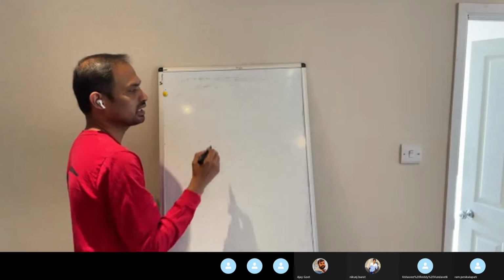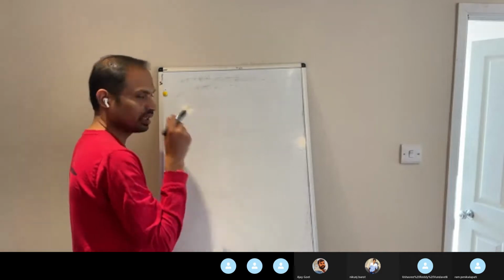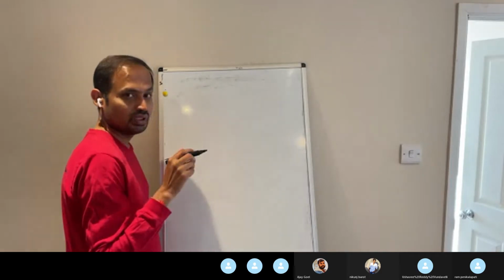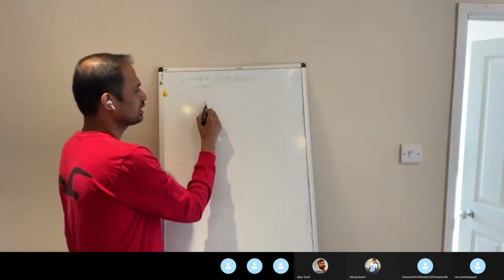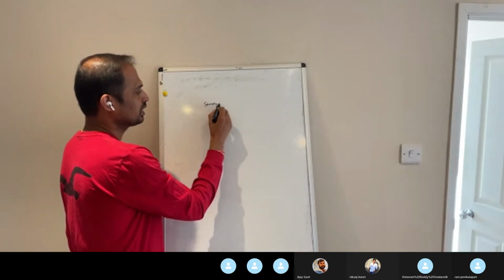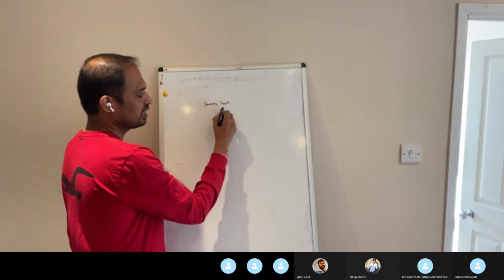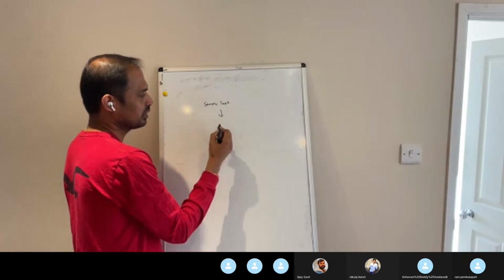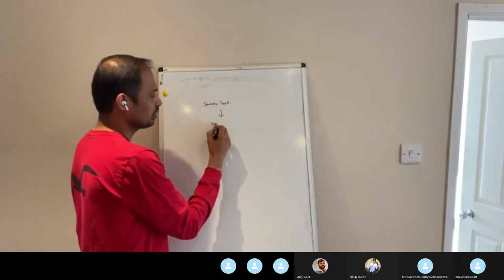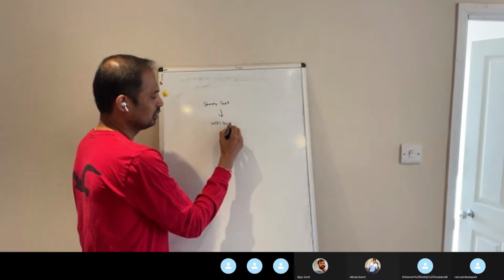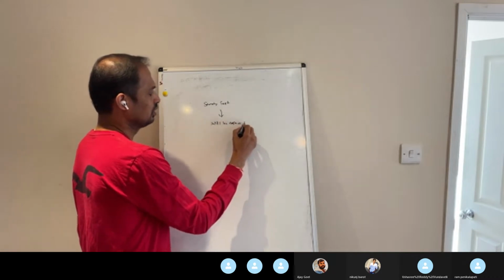In the smoke test, we are testing the basic functionality, whether the basic functionality is working or not. In the sanity test, the same basic functionality will be tested thoroughly.